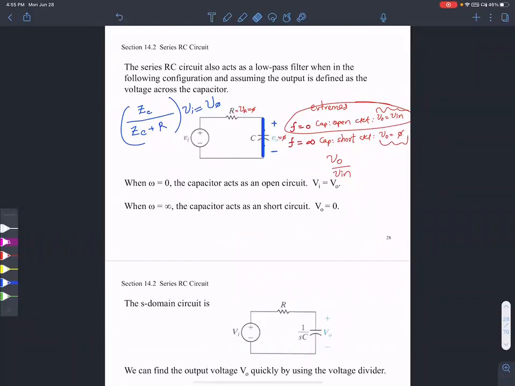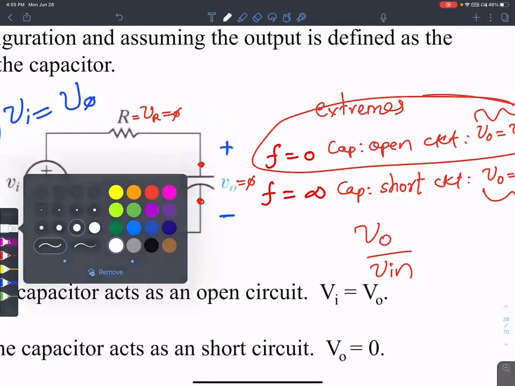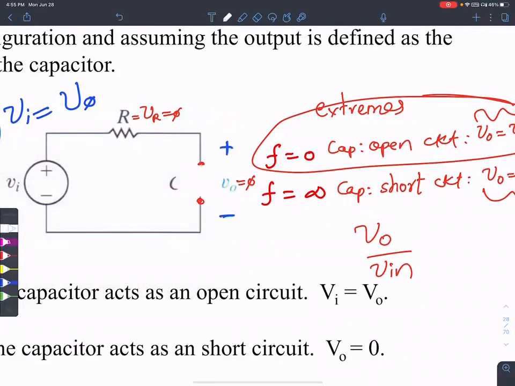Okay, so he has an excellent question. At DC voltages, I mentioned this is an open circuit. Why is it an open circuit?